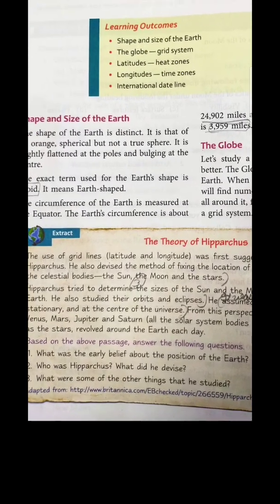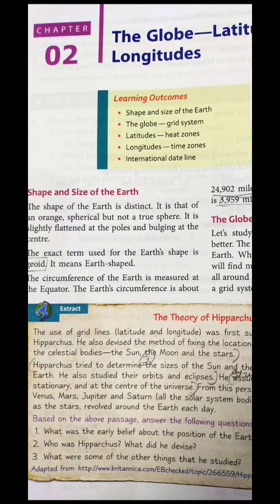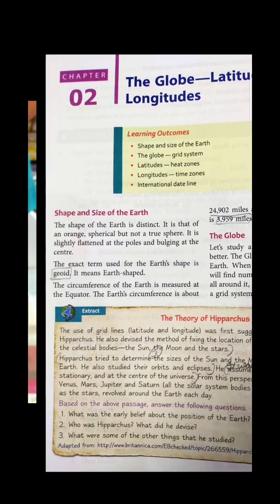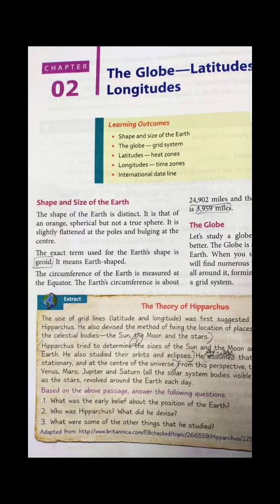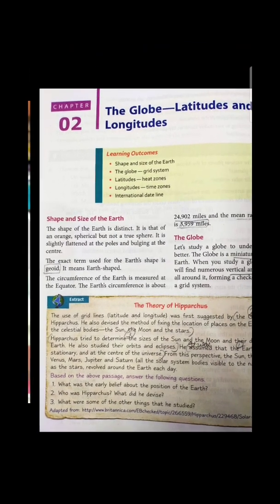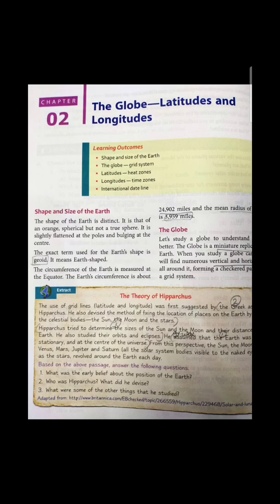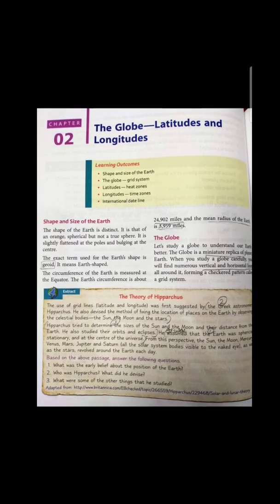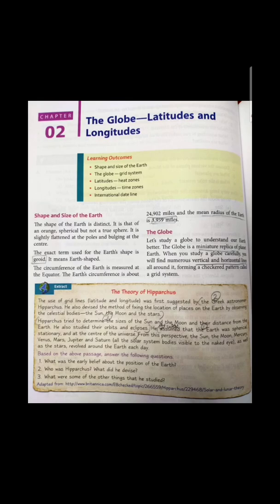Okay, the third question is what were some of the other things that he studied? He tried to determine the size of the earth and the moon and their distance from the earth, and he also studied their orbits and eclipses as well. Okay, so this is all about the answers to the extract questions.